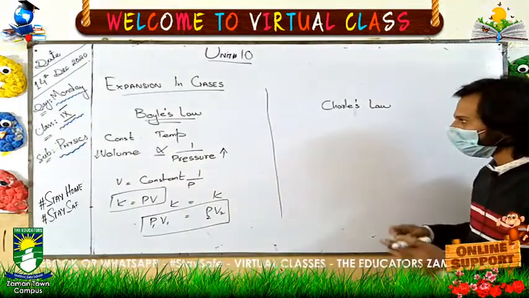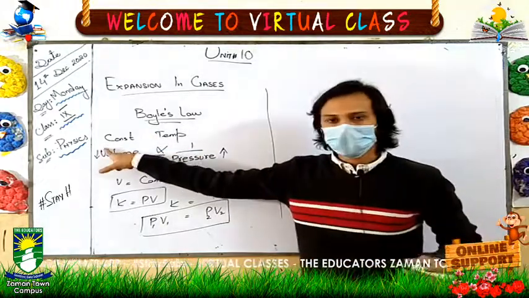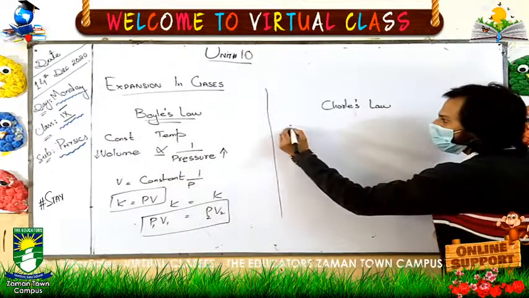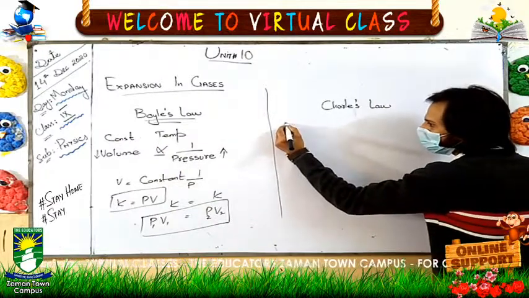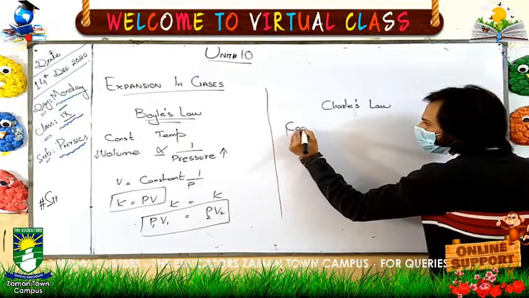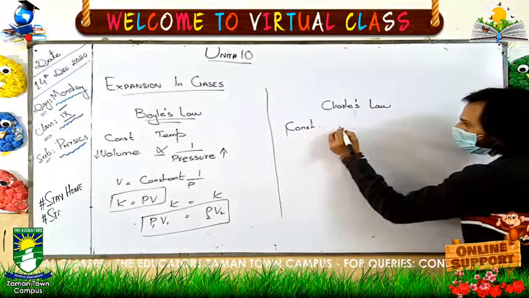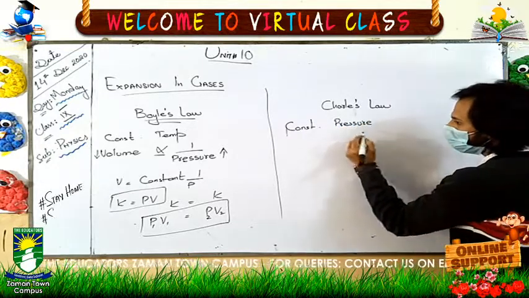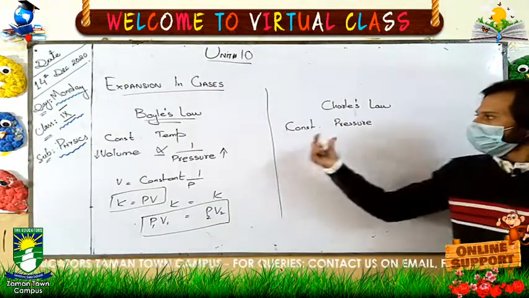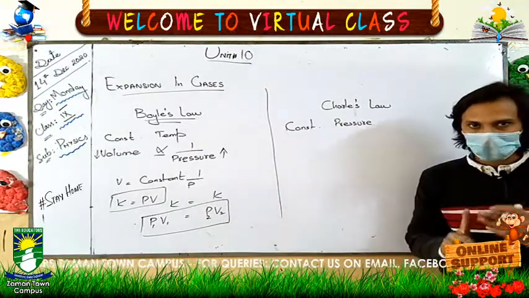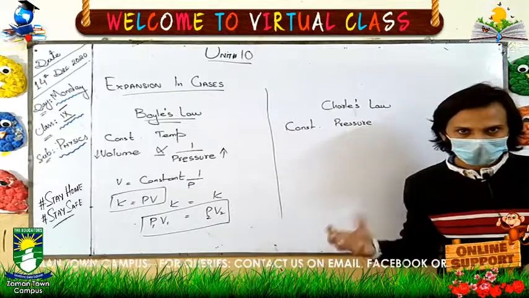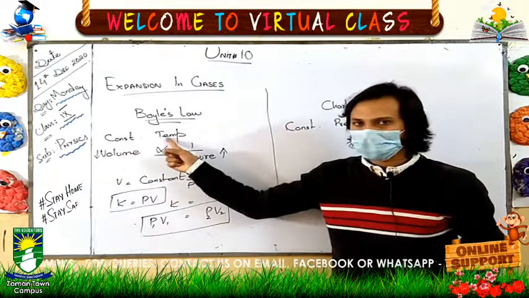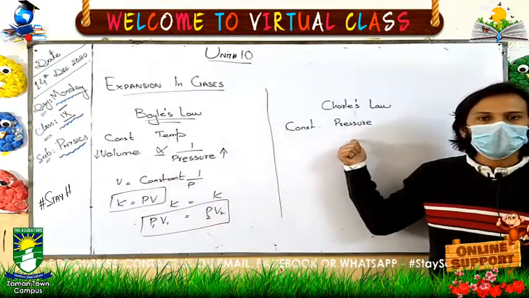Okay, so what is Charles's law? Here we were keeping the temperature constant, now we are keeping the pressure constant. Now here we have three things: volume, pressure and temperature, between which we are finding the relation.